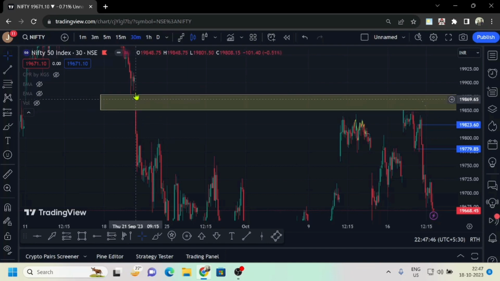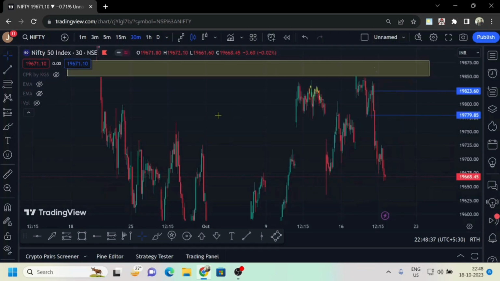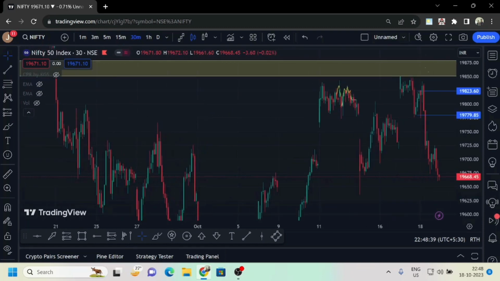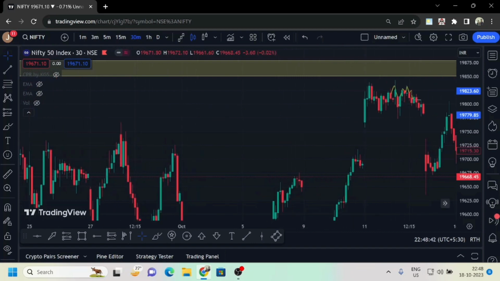It's a huge gap, and this particular area is called the gap border. Whenever the candle reaches this area, as a trader we must be very cautious. There are high chances of the market reversing from this area. I will show how beautifully this gap border is acting as a resistance.